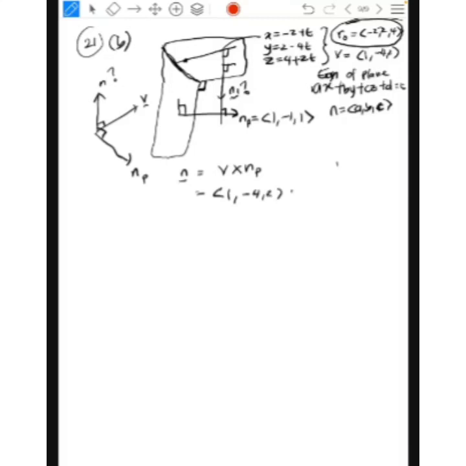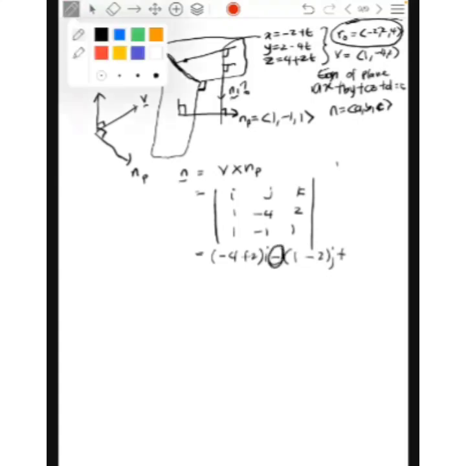Oh, sorry, cross product cannot be done like this. Cross product must be done in terms of a matrix. V is 1, negative 4, and 2, and the NP is 1, negative 1, 1. Okay, you solve for this one. The signs go plus, minus, plus.